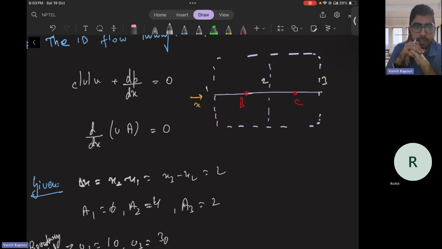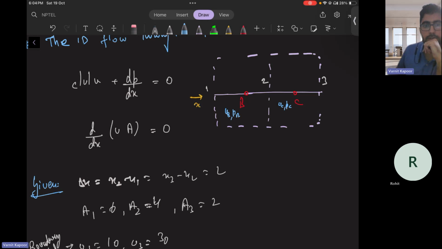where the velocities and the pressure are stored. So UB, PB, UC, PC are all stored at the cell centroid. Let me write here. UB, PB, and UC, PC as cell centroid. We have three faces 1, 2, 3, which are basically west, east for B cell, and 2, 3 from the west, east for the C cell.